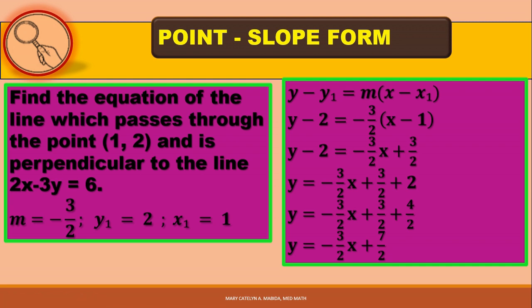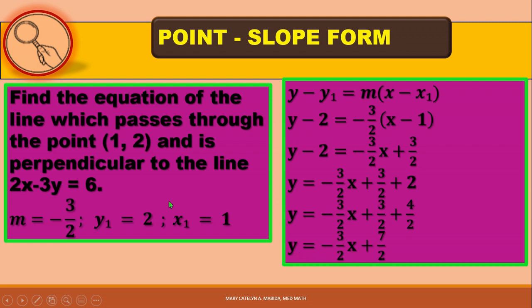Now, we combine like terms. Remember the rules in operating integers. So, we have 3 over 2 plus 2. And now, since we have here a whole number, we are going to express this into a fraction with the same denominator as 3 over 2 to make them like terms. So, that would be 4 over 2. So 3 over 2 plus 4 over 2 is 7 over 2.